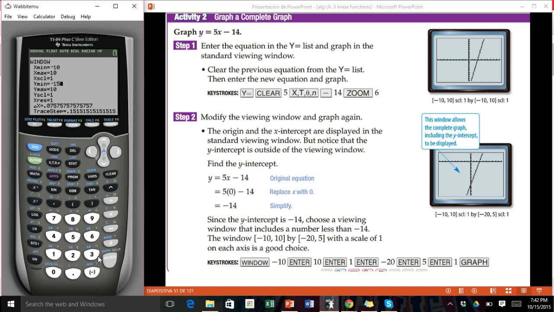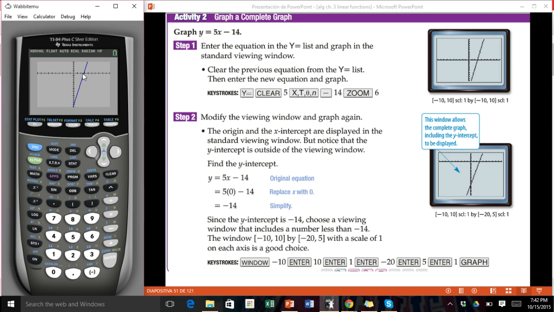-15? And let's just go up to 5, because we don't need to go much higher. Let's take a look and see what that looks like. Are we going to get a full graph? Looks pretty good. I got my y-intercept, I have the origin, and I have my x-intercept. That's it, ladies and gentlemen. It's that simple.